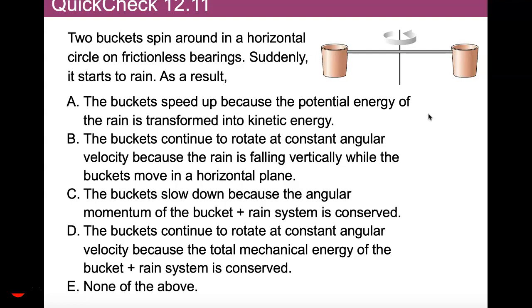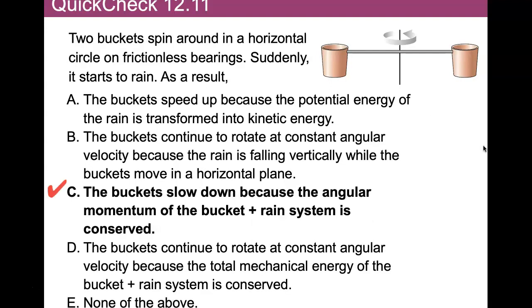Initially we just have the moment of inertia of the buckets. Finally we have the moment of inertia of the buckets plus the rain accumulated in the buckets. And therefore the angular velocity of the buckets must come down to conserve the angular momentum.